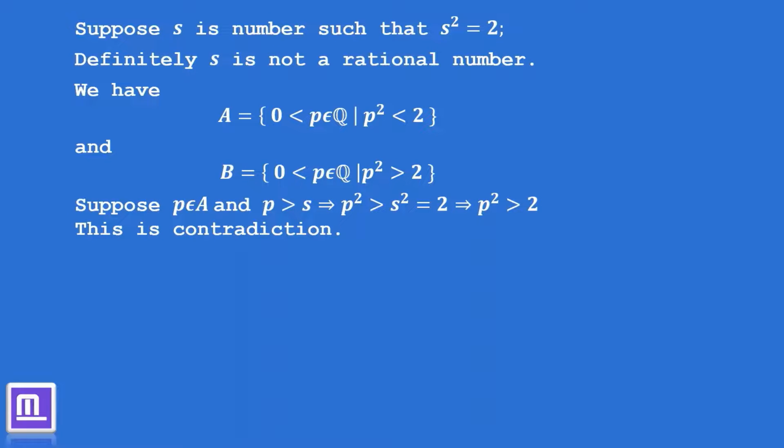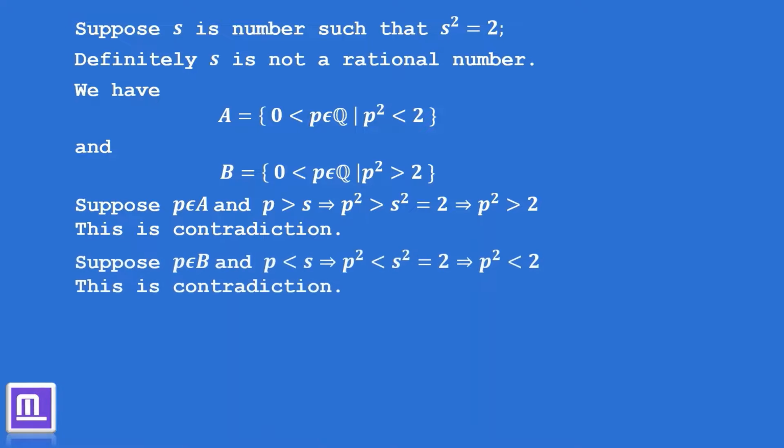Suppose any element p in A is greater than s, then definitely it will lead us to a contradiction, because s square is equal to 2, therefore p square is greater than s square, which takes us to p square is greater than 2, which is not allowed inside the set A. So this is a contradiction.